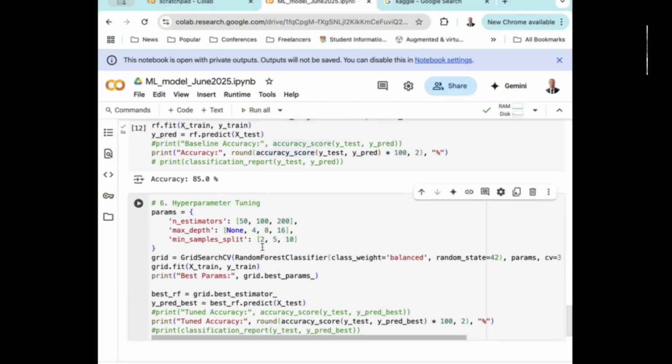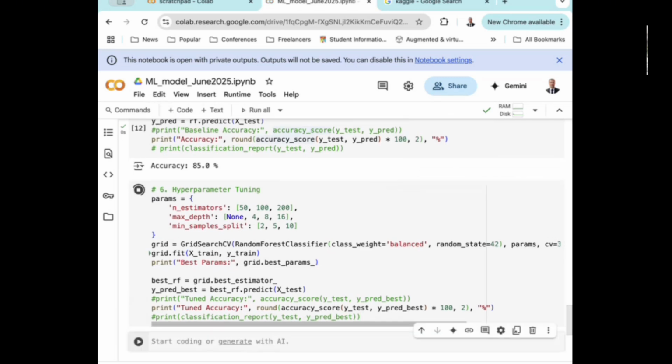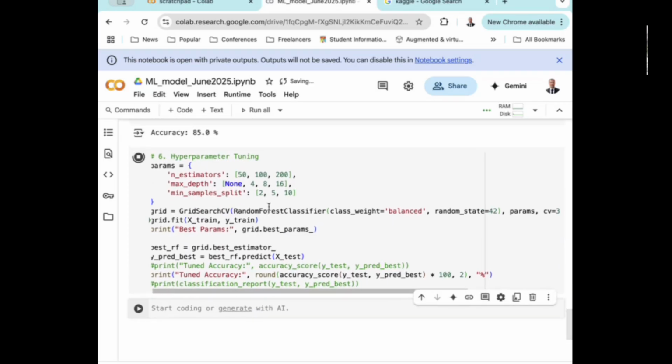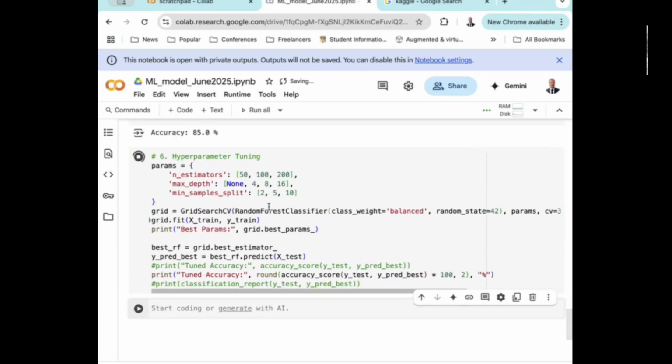So here are the tuners. These are the parameters. This is the tuning of the parameters, and then it's going to run a few times to calculate the accuracy. I'm going to run this code. You can see it's going to take time. It's not going to be that fast because this one is trying multiple ways. While the code is running, what are parameters?